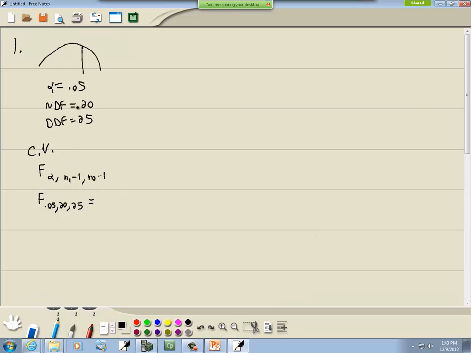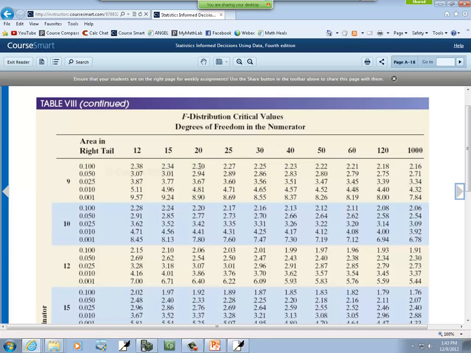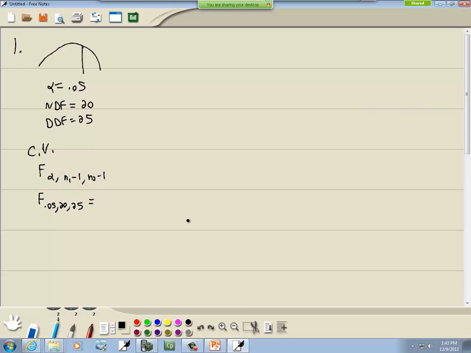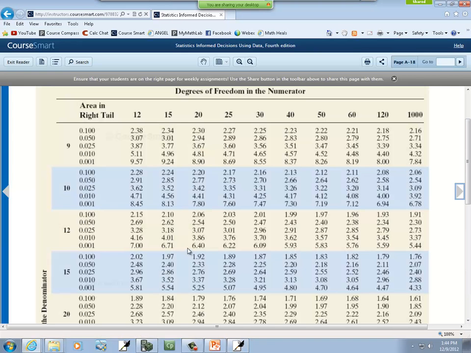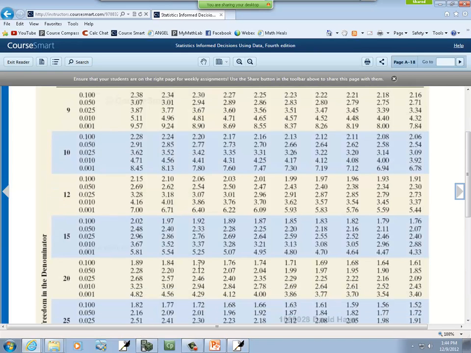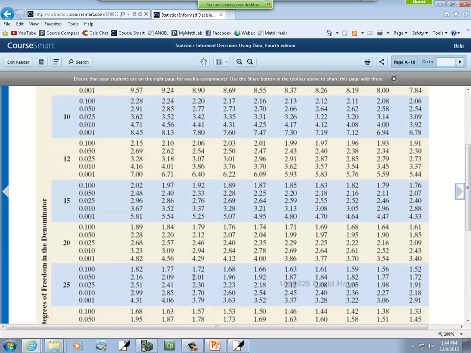Okay, so our numerator degrees of freedom is 20. So let's look in this column dealing with 20. We're going to look right here. And then we're going to go to our denominator degrees of freedom of 25. So I'm still in this column. I scroll down, and here's 25. Well, this is the start of the numerator degrees of freedom of 20, and then 25 for the denominator.